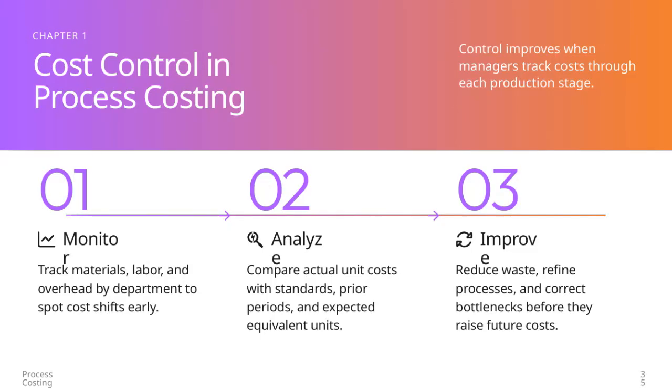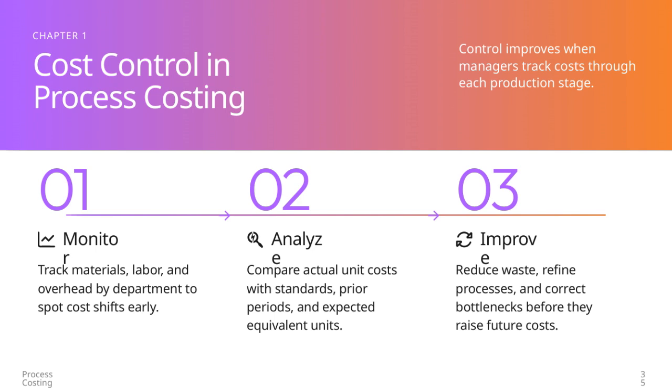In process costing, effective cost control starts with closely monitoring materials, labor, and overhead for each department. This early tracking helps managers identify any shifts in costs before they become bigger issues. Next, analyzing these costs by comparing actual unit costs with standard costs, previous periods, and expected equivalent units provides valuable insights into efficiency and potential variances.